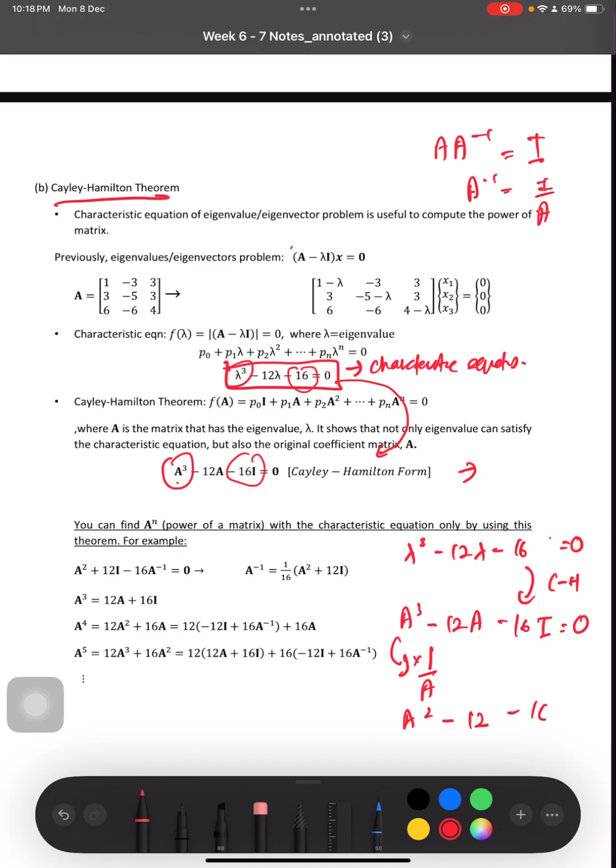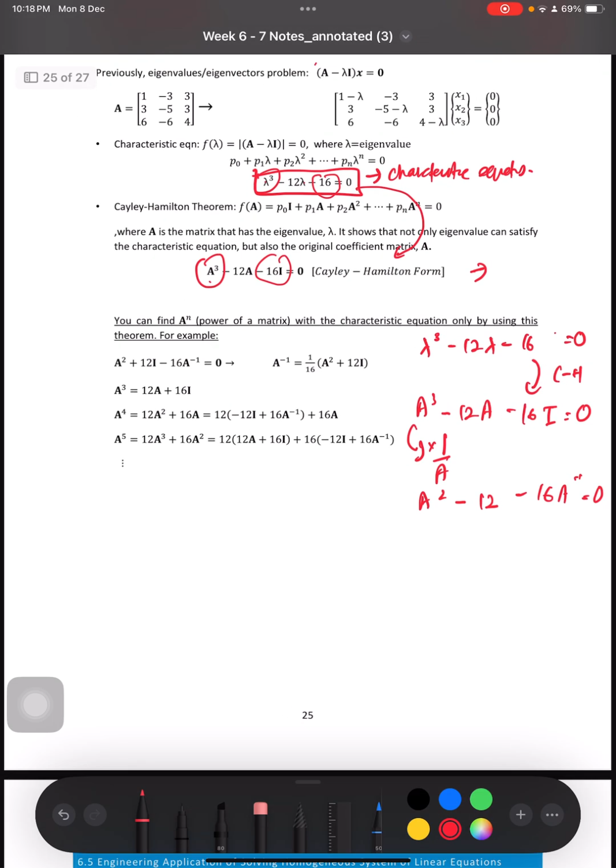So 16 A inverse equals A squared minus 12I, which means A inverse is equivalent to 1 over 16 times A squared minus 12I.